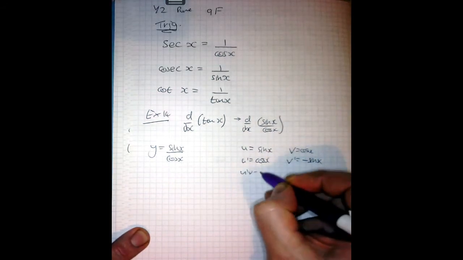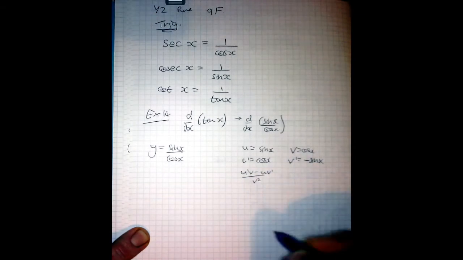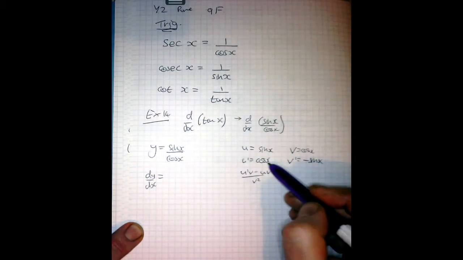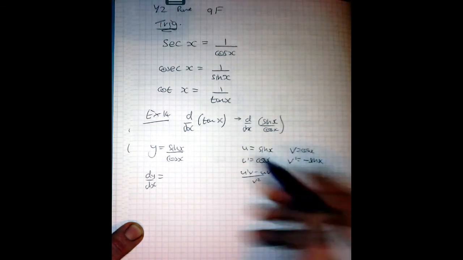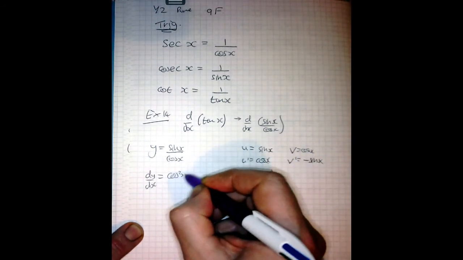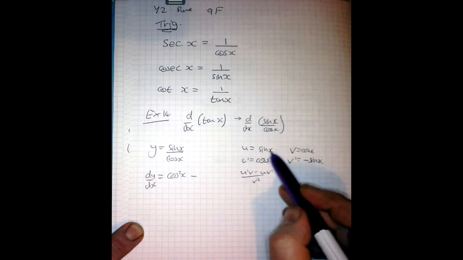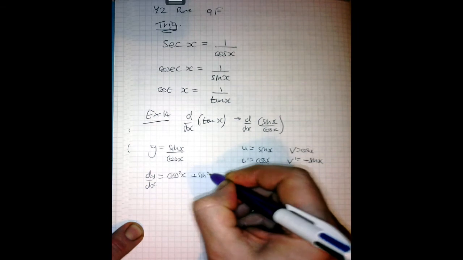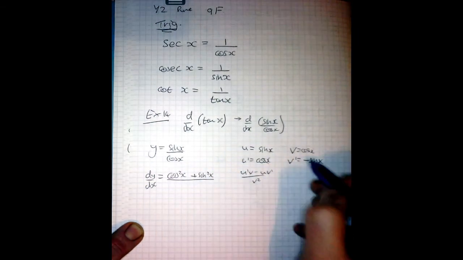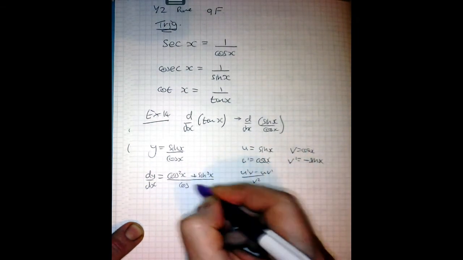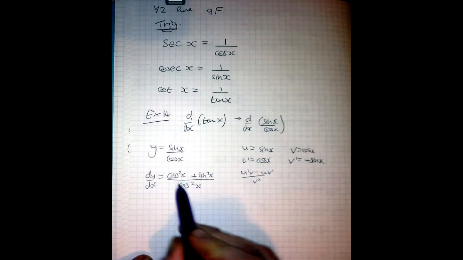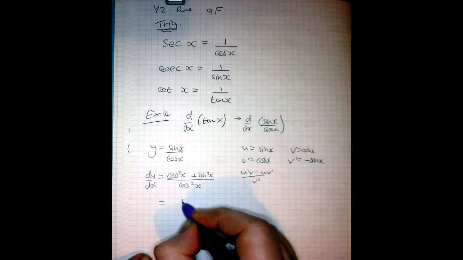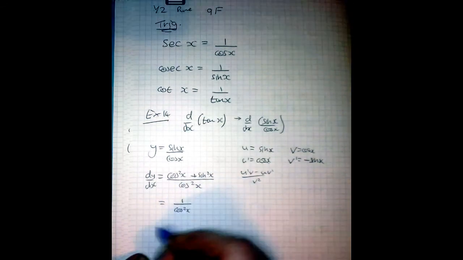So dy/dx: u dash v, cos x times cos x, that's cos squared x, minus sin x times minus sin x, so that's plus sin squared x, over v squared, cos squared x. Cos squared plus sin squared is 1, so it's 1 over cos squared x, which is sec squared x. And that's, of course, what the formula book tells us.